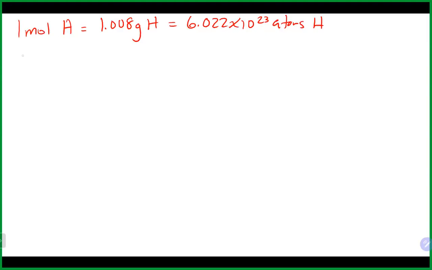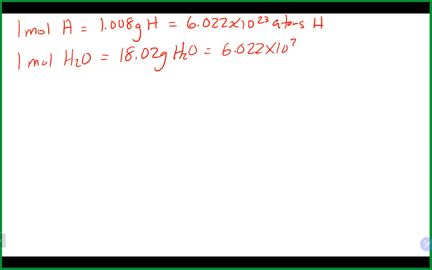Same thing with our water, 1 mole of water would equal 18.02 grams of water, and that would have 6.022 times 10 to the 23 molecules of water. So that is the relationship between all 3 of those things. Because they're all a mole, they all have basically Avogadro's worth of atoms or molecules, but each mole is a different amount of grams, right?